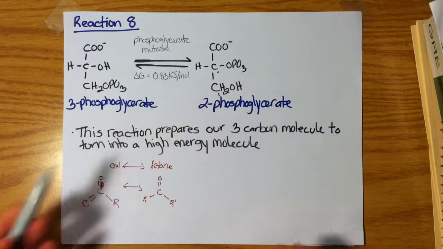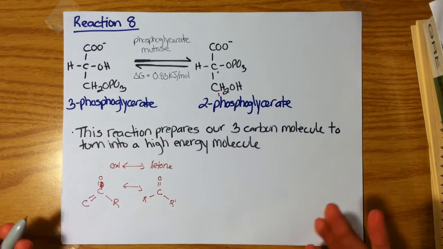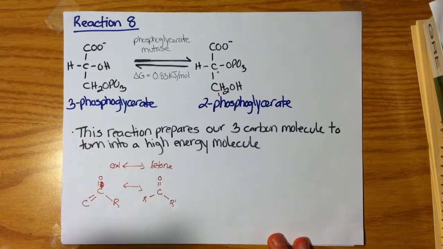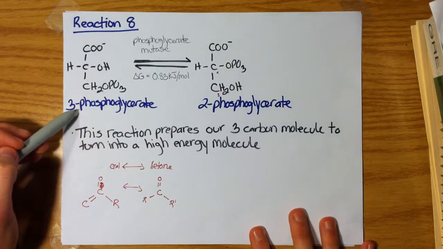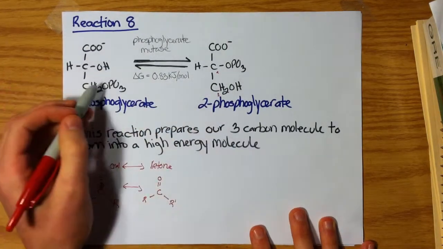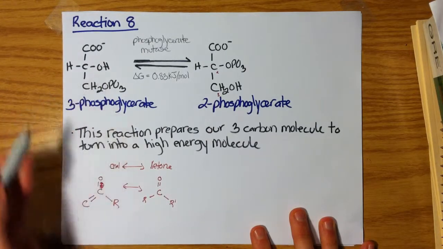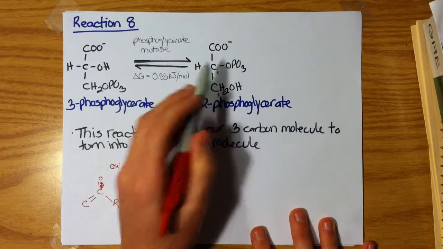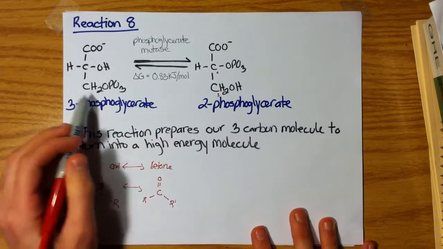That's going to form a high energy intermediate, which we can then convert into a ketone form to release energy and actually make more ATP. So that's why this conversion of 3-phosphoglycerate into 2-phosphoglycerate is important, because you want this phosphate group to be on a secondary carbon, not a primary carbon.